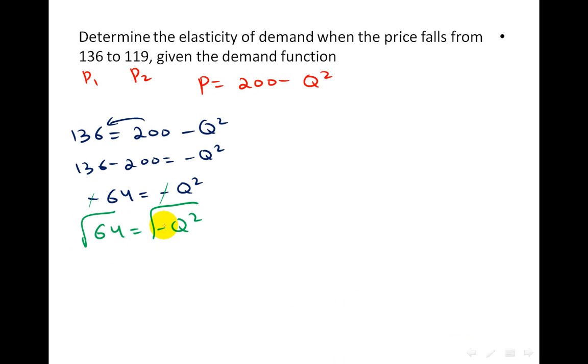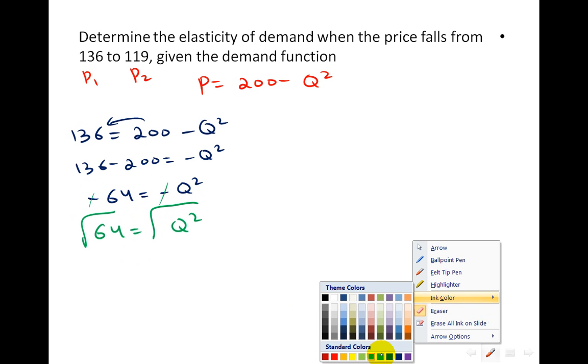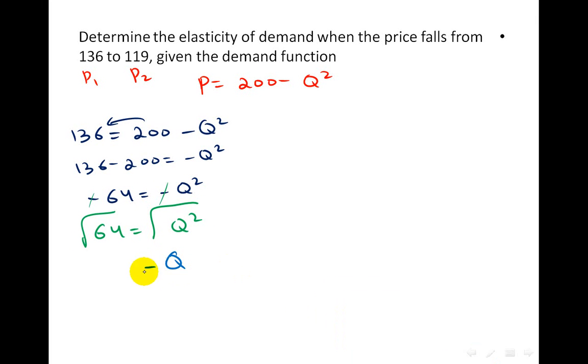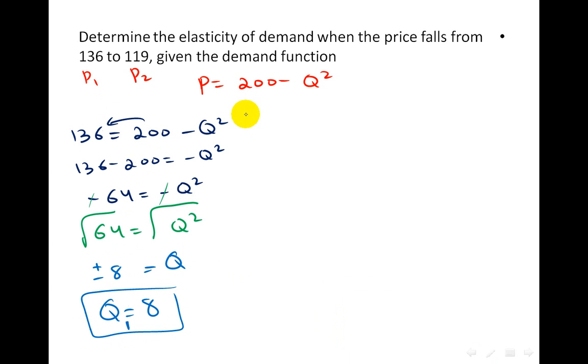Under root, the root of Q squared will be Q, and the root of 64 will be plus or minus 8. But we don't have a negative quantity, so quantity will be taken as 8. So this is going to be Q1, because here I was working on P1.